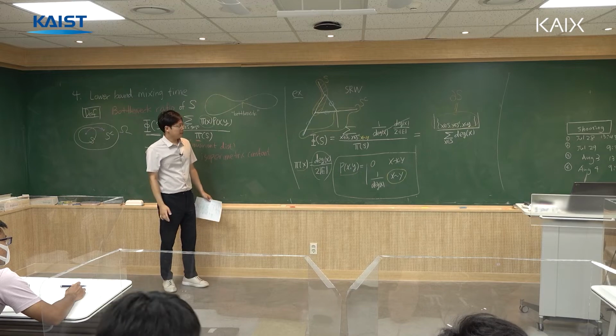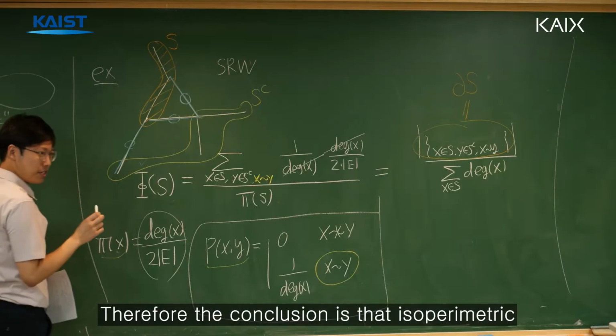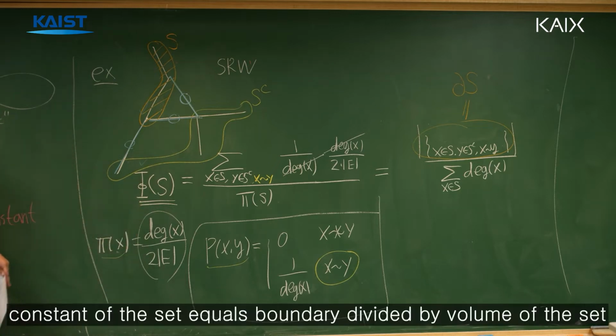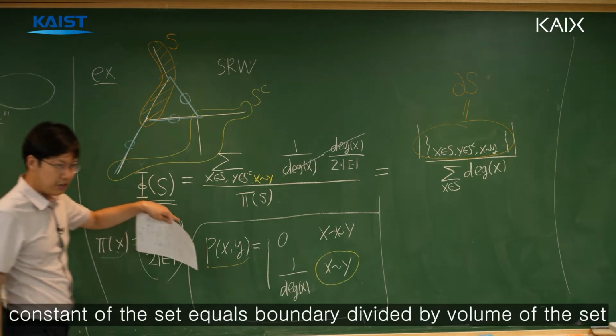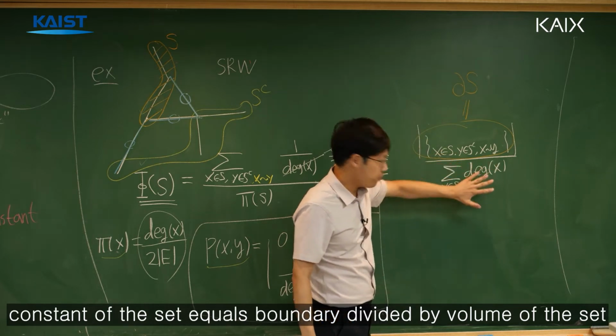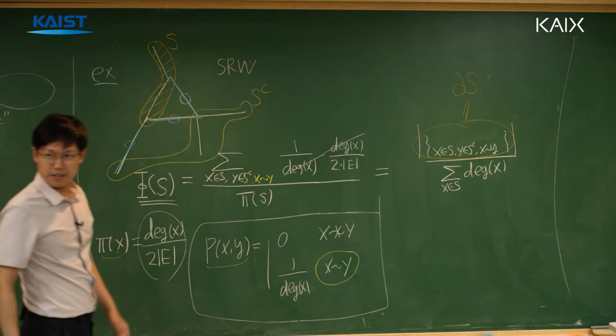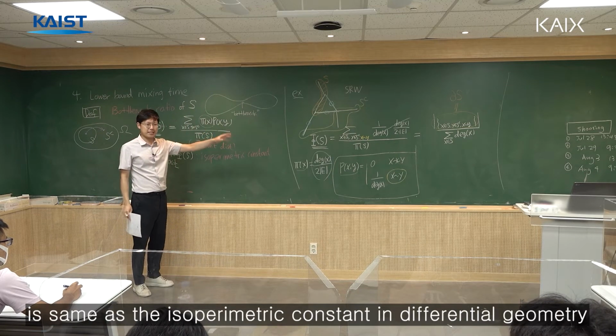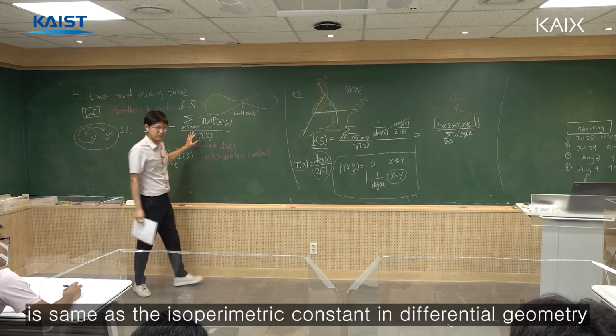Therefore, the conclusion is that the isoperimetric constant of the set equals the boundary divided by the volume of the set. This is the reason why this constant is the same as the isoperimetric constant in differential geometry.